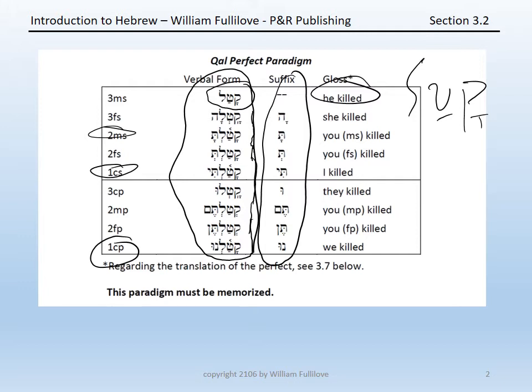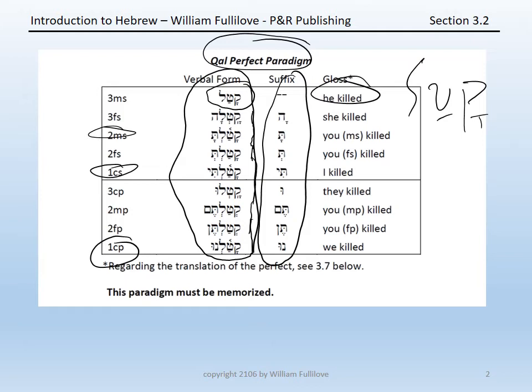You will note as well that what a paradigm really is, you might say, is a cheat sheet. It's a way to learn what any given verb ought to be translated, or at least glossed, whether or not you even know what the root letters mean. So when you memorize this Qal Perfect paradigm, you effectively have memorized how to deal with any other Hebrew root.